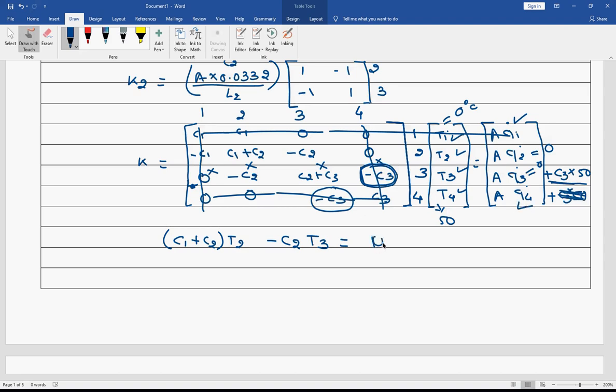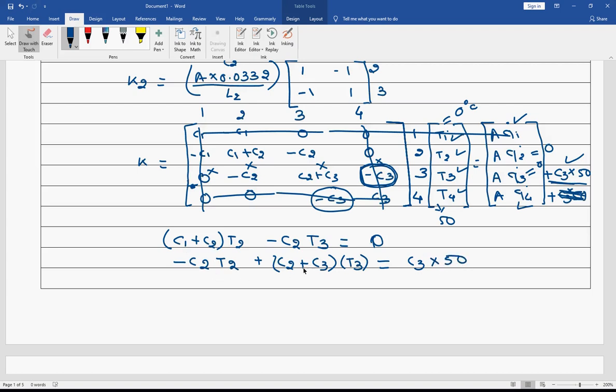So here in this case, this will be 0. Then what will I have? C2 into T2, and then C2 plus C3, this will be plus, into T3, and is equal to, this terminology will come, C3 into 50.